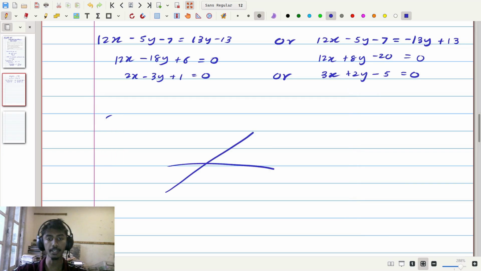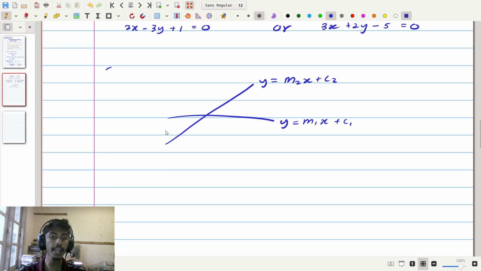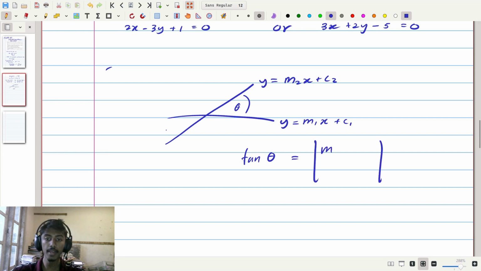Now in order to find this tangent, what we can do is use the formula that states when you have two lines intersecting where one line has gradient m1, so it's m1x plus c1, and the other line has gradient m2, which is m2x plus c2, then the angle in between them, let's say, is theta. Tangent of theta is equal to the modulus of m1 minus m2 divided by 1 plus m1 m2.